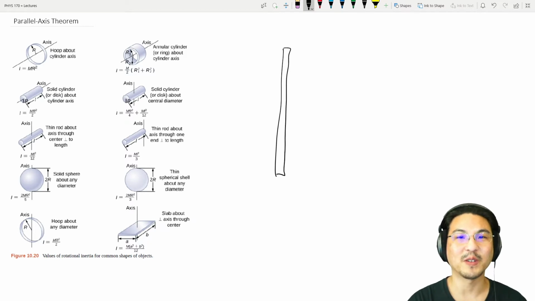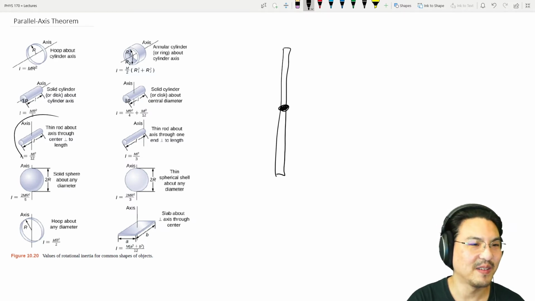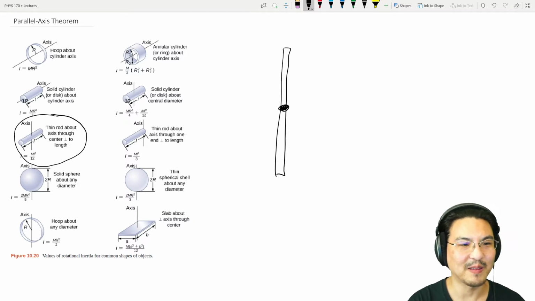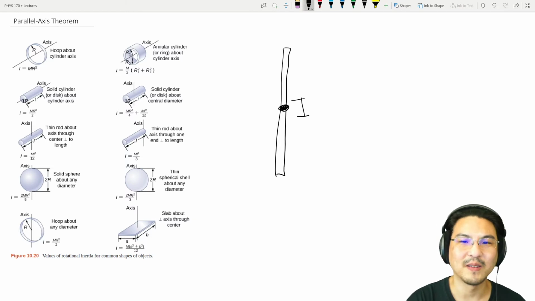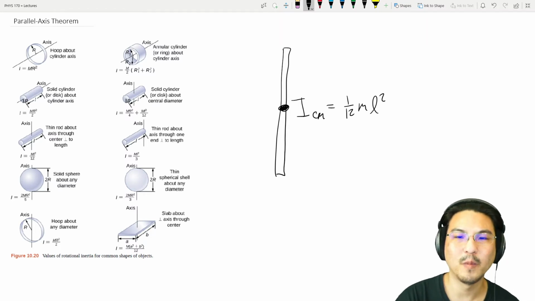The moment of inertia about an axis right here in the middle, thin rod about axis perpendicular to the length, right in the middle, is 1/12 ml squared. So about the center of mass, 1/12 ml squared for mass m, length l.